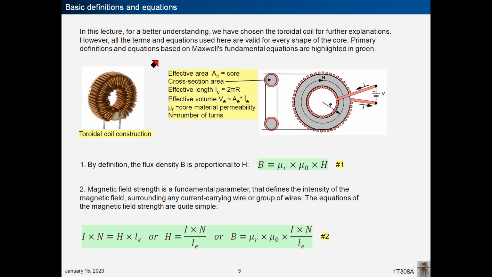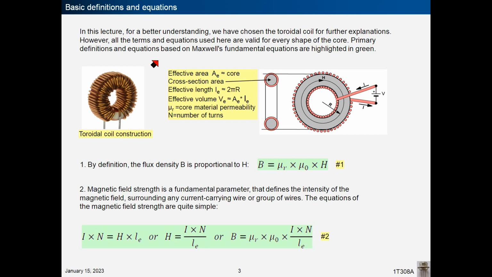Basic definitions and equations. In this lecture, for a better understanding, we have chosen the toroidal coil for further explanations. However, all the terms and equations used here are valid for every shape of the core. Primary definitions and equations based on Maxwell's fundamental equations are highlighted in green.